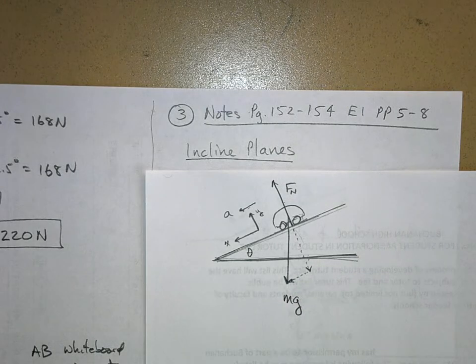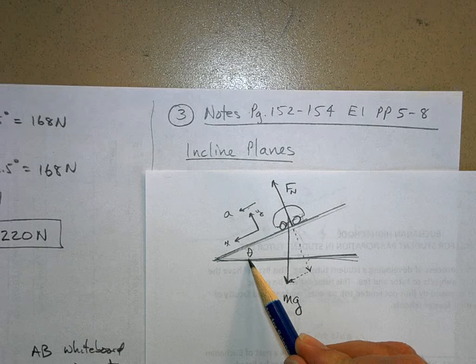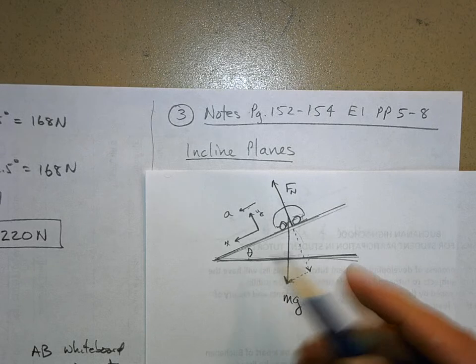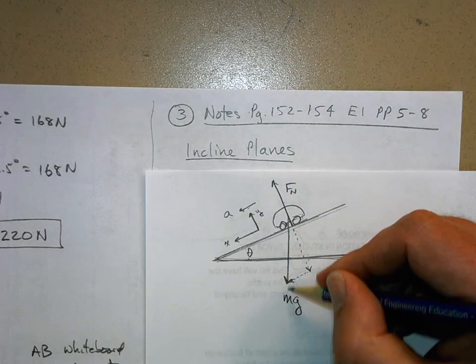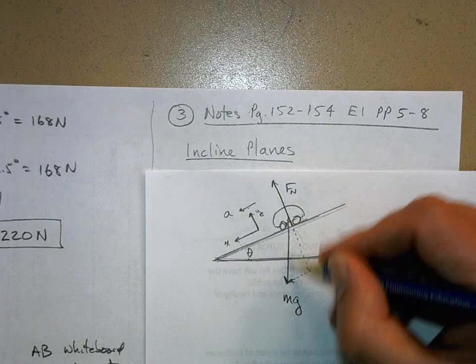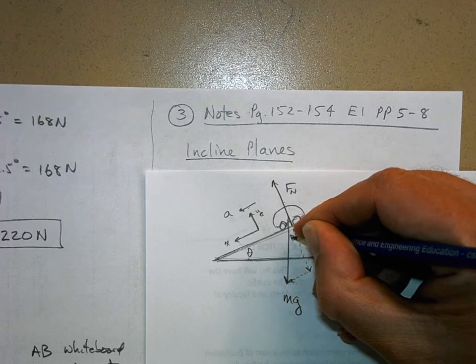Now here's what I want you to see. And it's hard to do just on camera on a picture like this. But if this is the angle of incline right here, then the angle of incline in this triangle, with the weight being the hypotenuse, is up here.